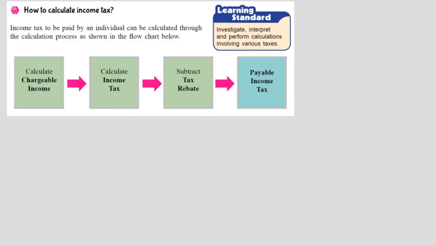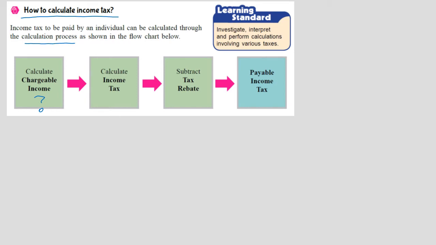Okay, with that information, let us now calculate income tax. Income tax can be calculated through the calculation process as shown here. First, you have to calculate the chargeable income. Not all your income will be taxed. So this one we will learn how to do. There is a formula.